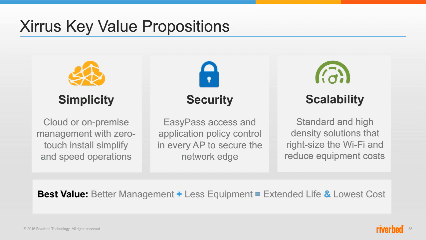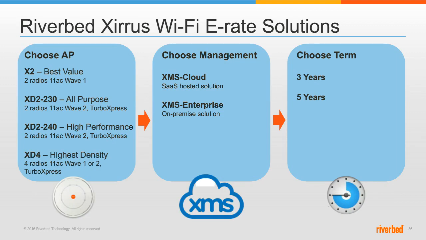As far as some of the solutions that are E-rate eligible here, we have a three-pronged approach to pick your solution. A selection of access points depending on your budget levels and your performance requirements. The bottom one there, the high-density solution, is what I referred to a bit earlier, available in a portable scenario, but can handle very high-density scenarios that can support unique use cases like even testing, like say Common Core testing, where you have computer labs that you set up temporarily to support online testing.